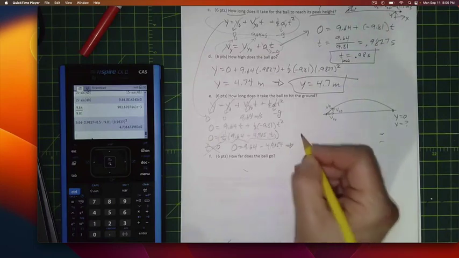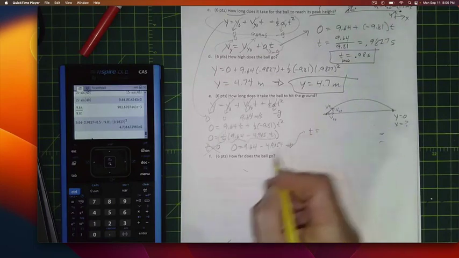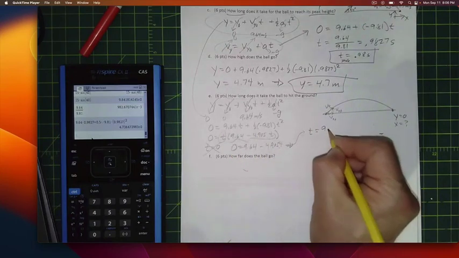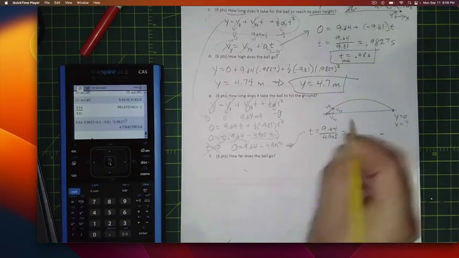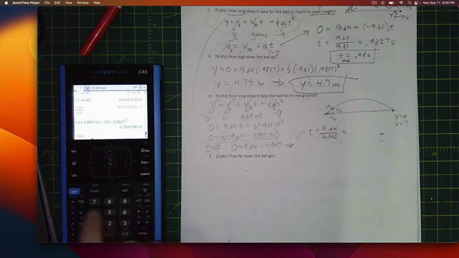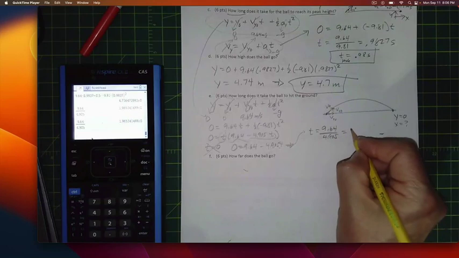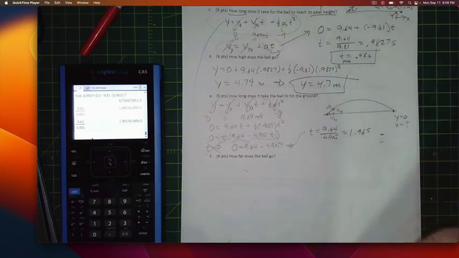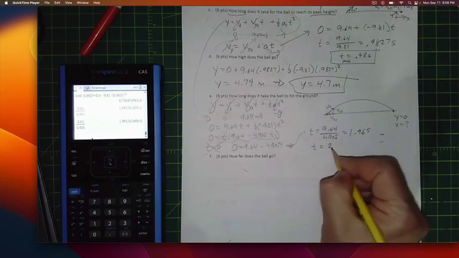So t must be equal to 9.64 divided by 4.905, which is 1.965. Okay, so 2 sig figs, 2.0 seconds.